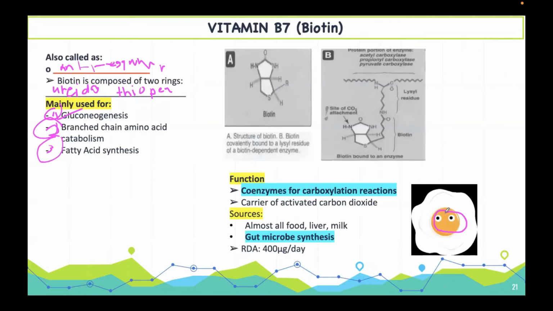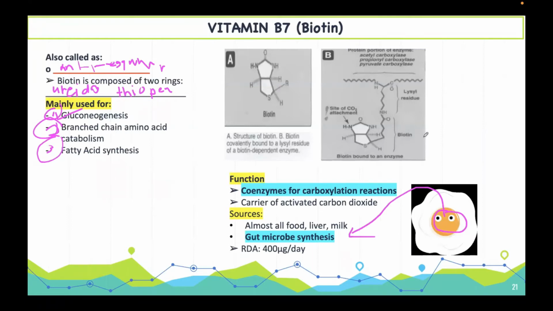Also, your vitamin B7, naka-highlight po dito, bukod sa it is mainly coming from all of the food, the liver, the milk, and especially your egg yolk, meron din po siyang unique quality kasi ang ating vitamin B7 or your biotin can come from your gut microbe synthesis.